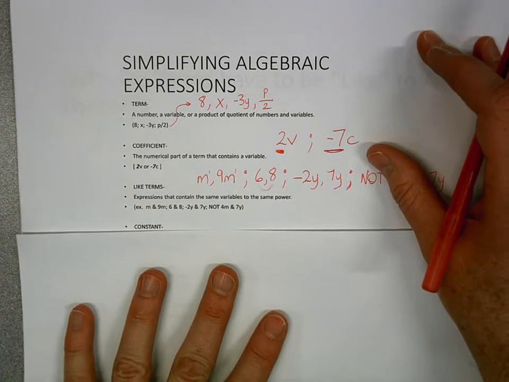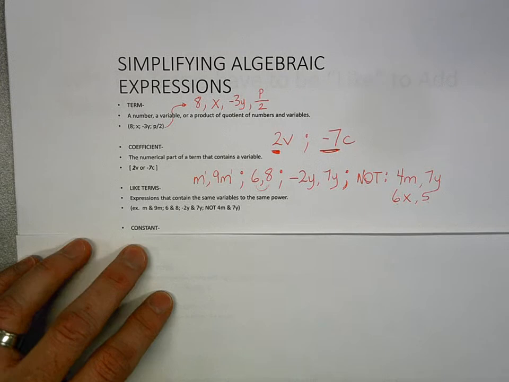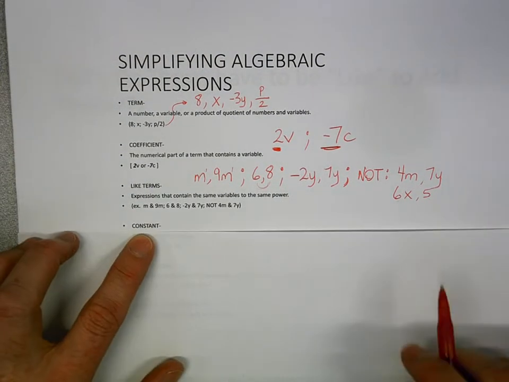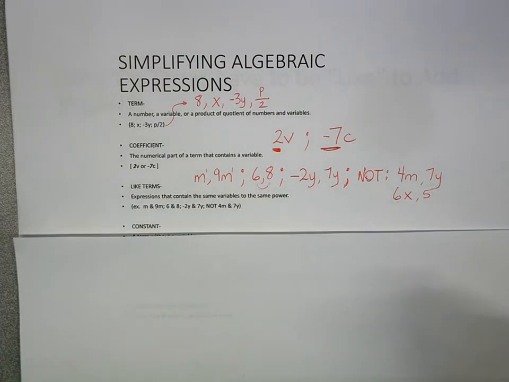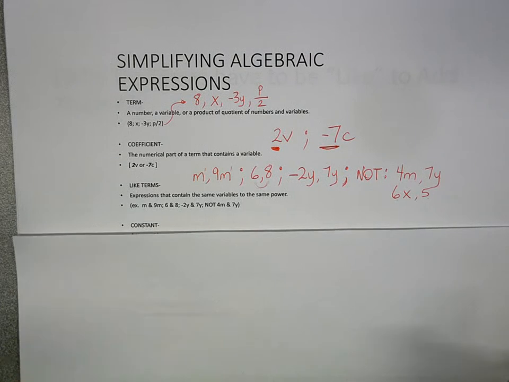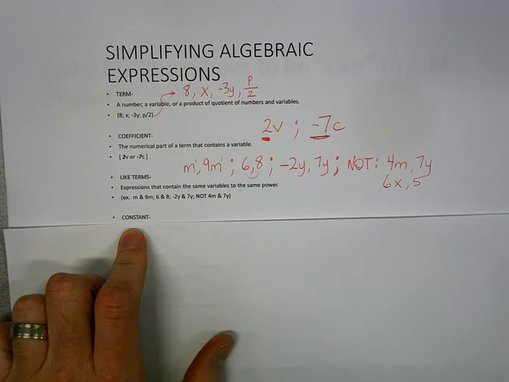Our next word is constant. Those of you that love to read, good vocabulary, right? What does it mean for something to be constant? You could say to repeat, or to happen again. I would say always, or better yet, the opposite: something that's constant doesn't change.